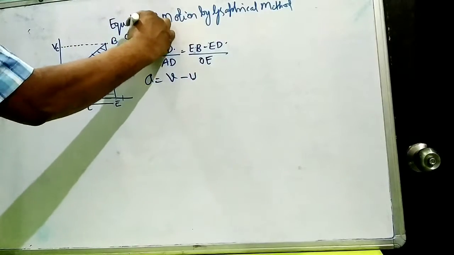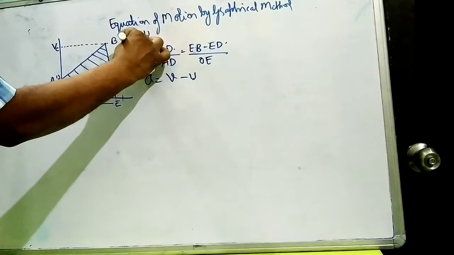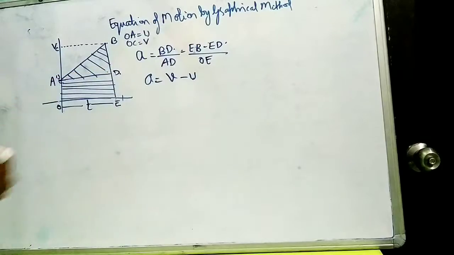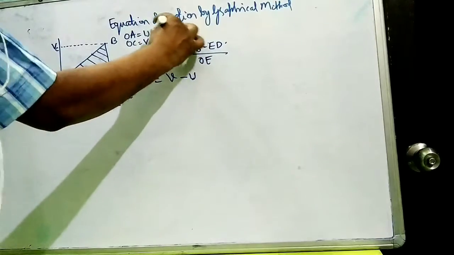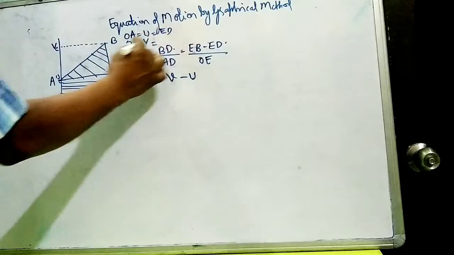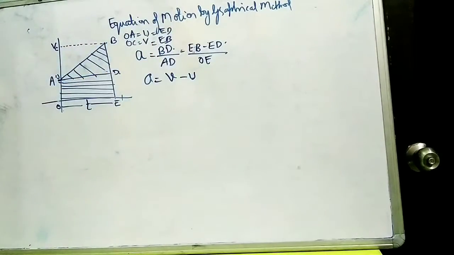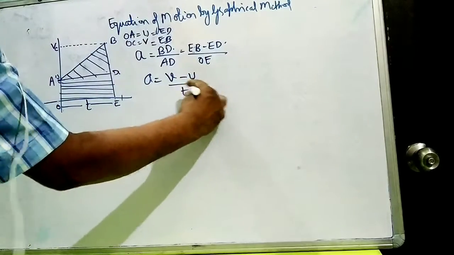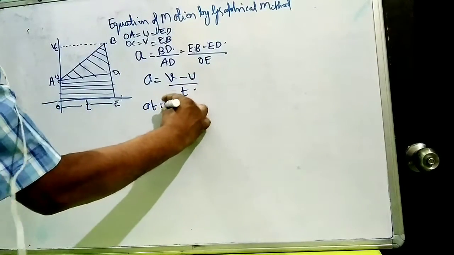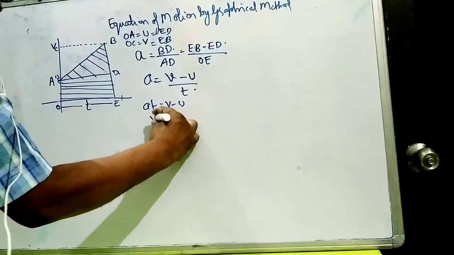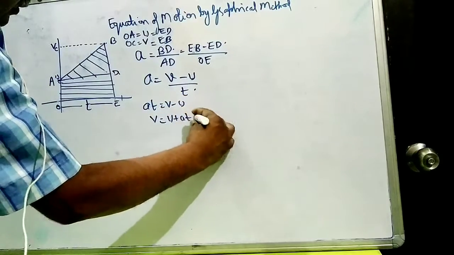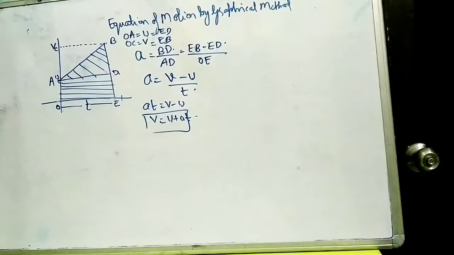So OA is equal to U, OC is equal to V, OA is equal to ED, whereas OC is equal to EB upon OE is equal to time taken. So AT is equal to V minus U, or we can say V is equal to U plus AT. This is called the first equation of motion.